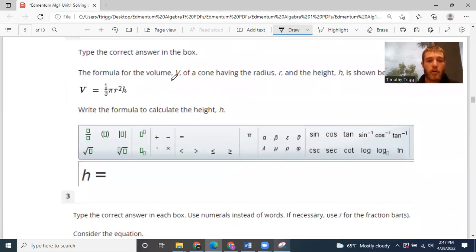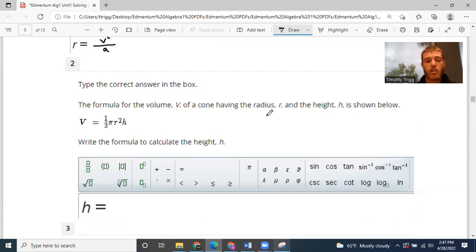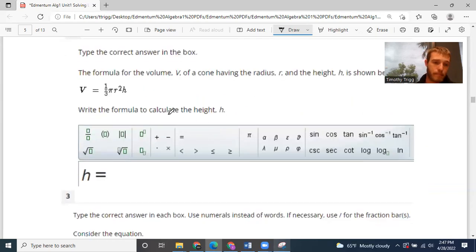The formula for the volume V of a cone having a radius R and a height H is shown below. V equals 1/3 pi R squared H. Write the formula to calculate H. The first thing I would do is see how this has a 1/3 in front. So we multiply both sides by 3, which cancels out the 1/3.